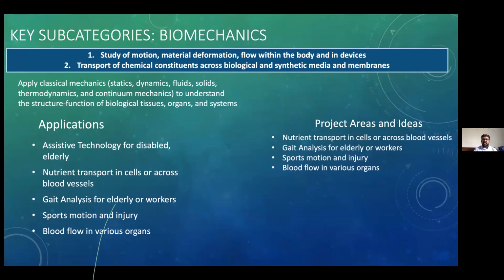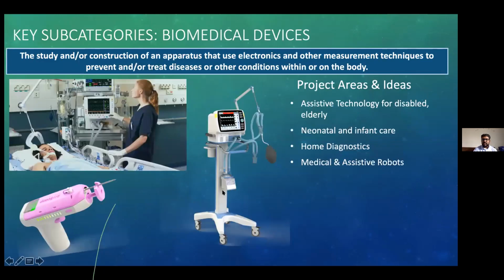There are ways of integrating sensors into boxing gloves or whatever, and being able to measure those forces. Blood flow is something that may be difficult to measure, but you can always replicate blood flow by just pumping simple fluids through a system and developing simple pumps that can be utilized and improved on later on for enhancing flow of blood in certain situations. So just some ideas on what you can do with biomechanics.